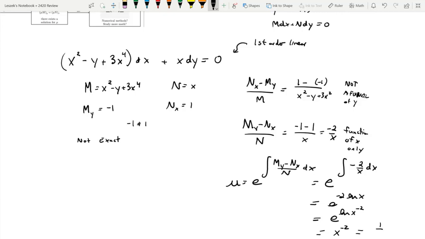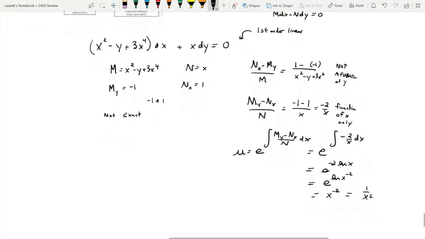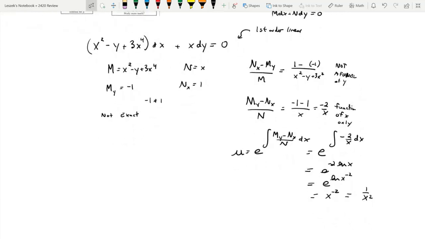So it looks like our integrating factor is 1 over x squared. And the integrating factor's job is to multiply both sides of the equation so as to make the differential equation exact. So multiply both sides by 1 over x squared.